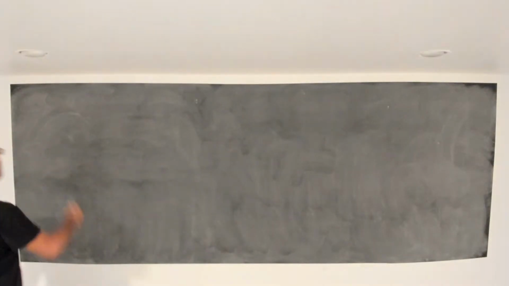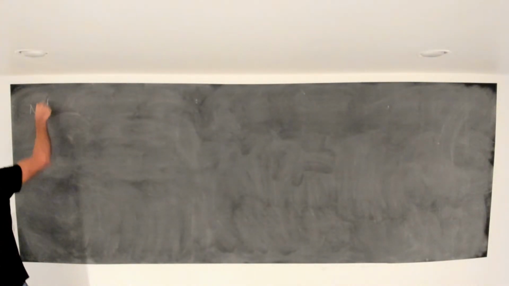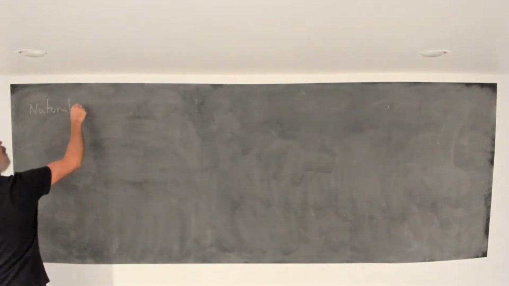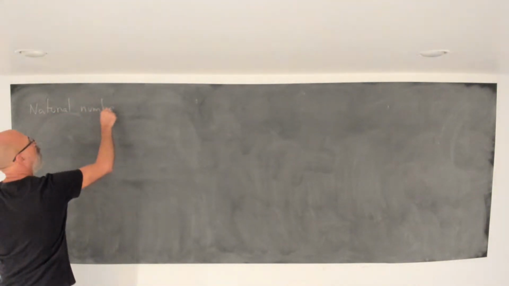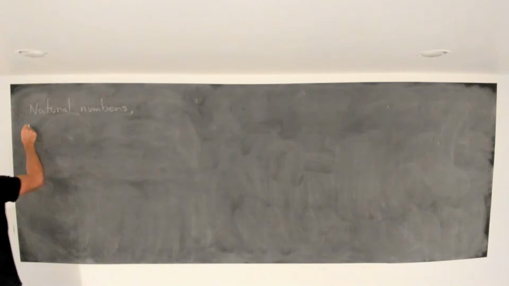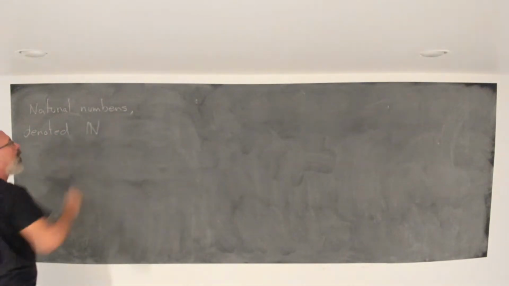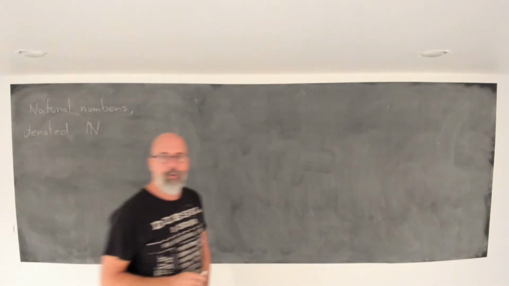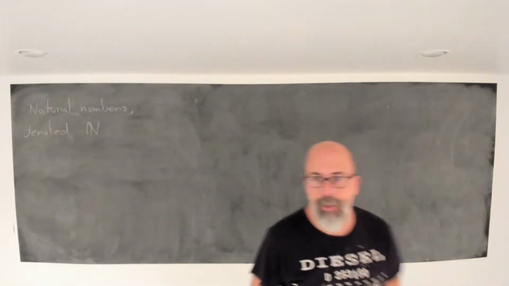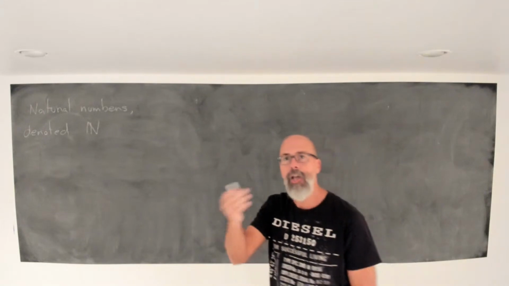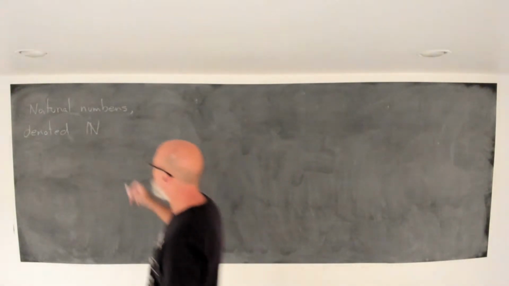So let's start with a definition. The natural numbers, denoted by N, sometimes referred to as the counting numbers, are exactly those numbers you use to count.